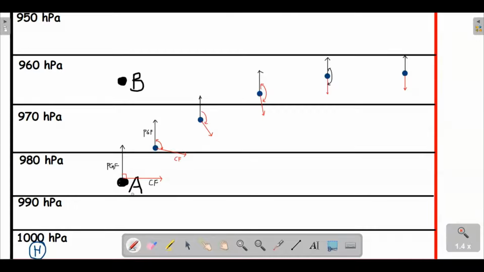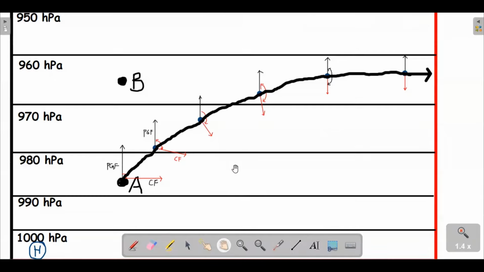And when we try to draw a trajectory or a path of this air or this wind, remember moving air is wind, we see something like that. Okay, guys, I really tried. So this is the wind now. The wind is moving diagonally.